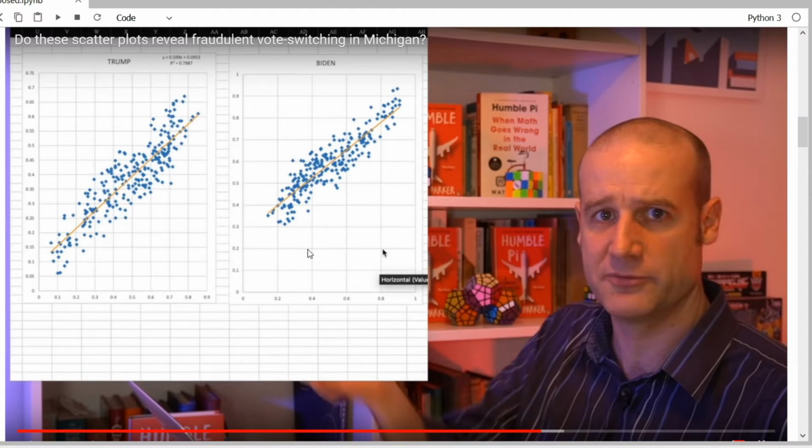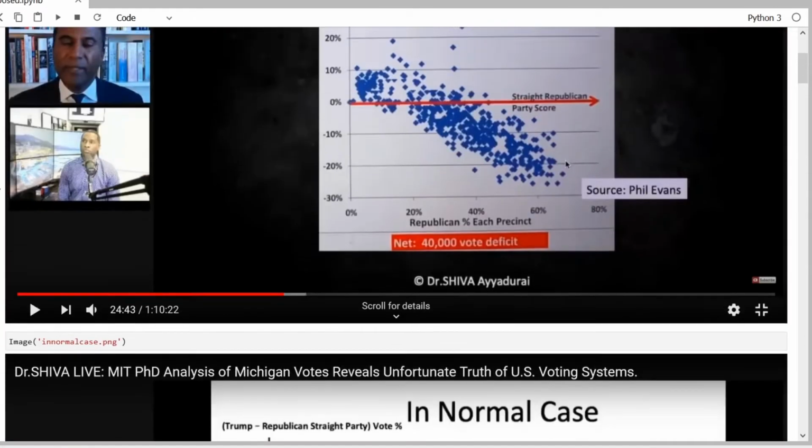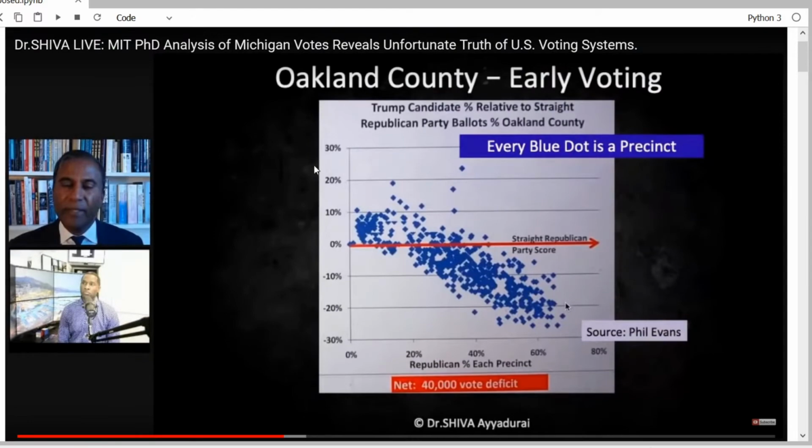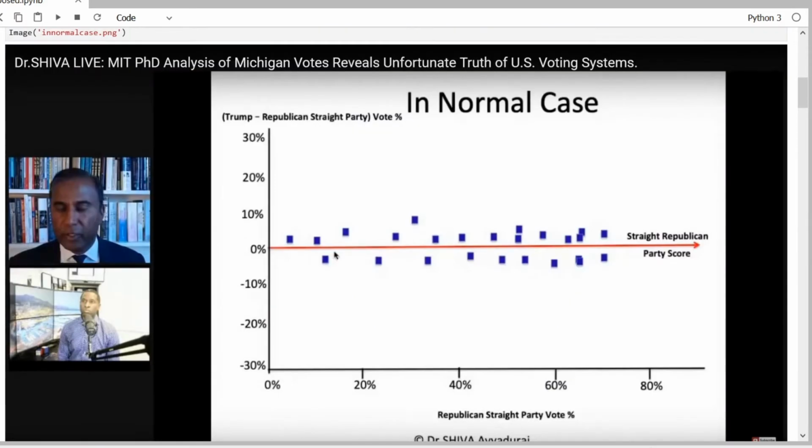So he made, think of it as like a math data diss track video. He's basically debunking Dr. Shiva's claims that this data indicates that there was election fraud.